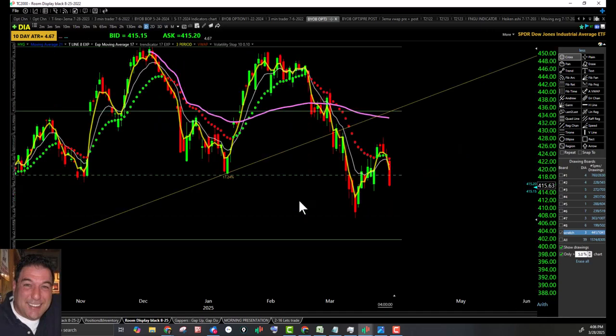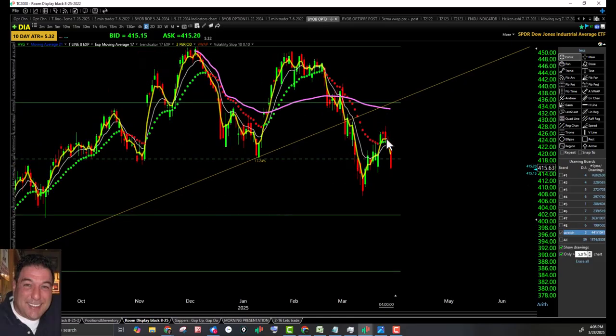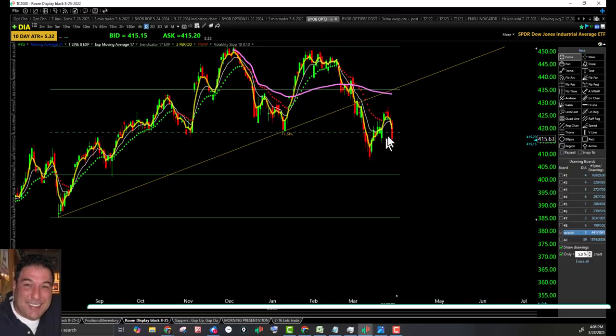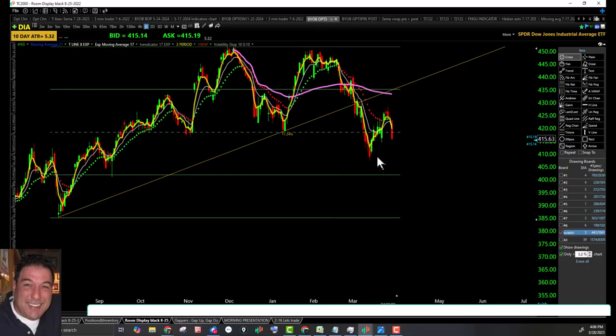Diamond Dow did the same thing, okay? Closed underneath all-time high anchored VWAP, underneath the uptrend line, underneath the 17 EMA, underneath the trap, underneath the midpoint. That's neutral right here. There's Diamond Dow. The only thing about Diamond Dow, kind of holding on to that uptrend there. We'll see where it wants to go with this.